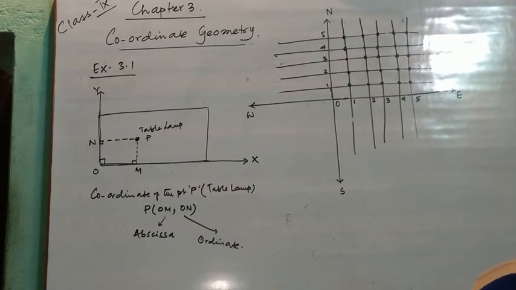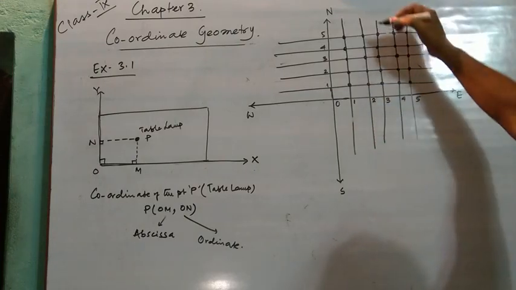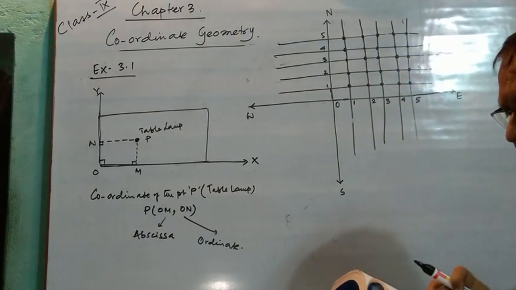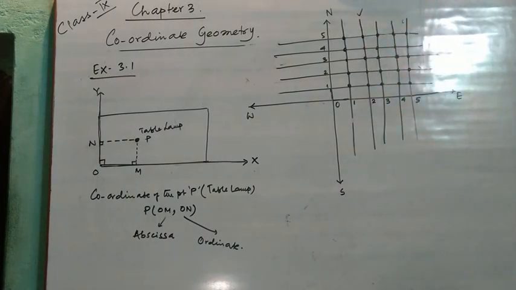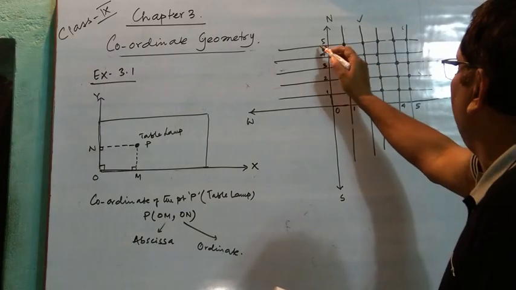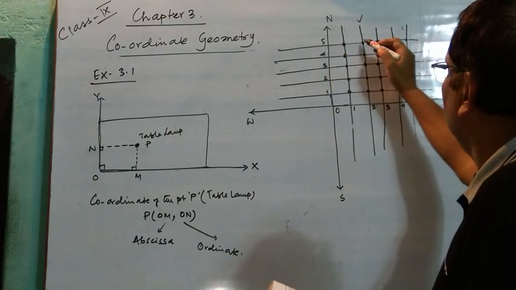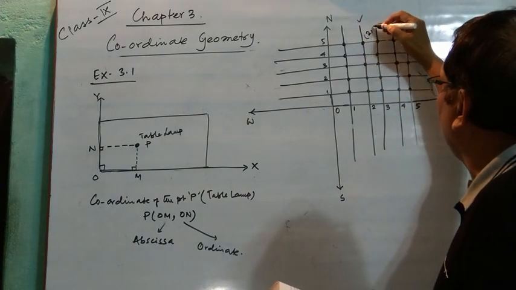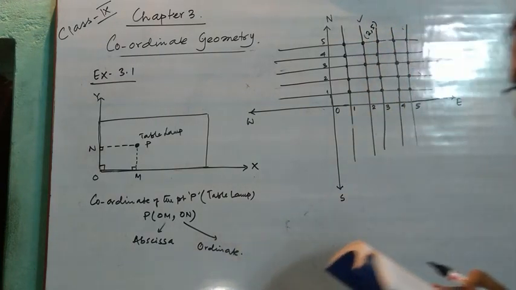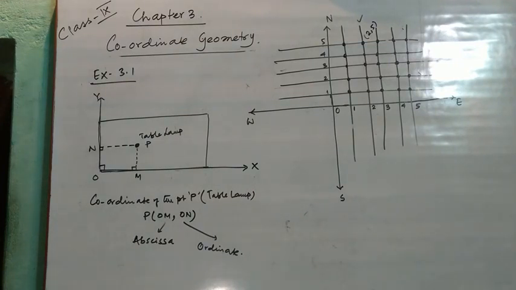If it is the second street running north-south and the 5th street running east-west, they intersect at this very point, and its coordinate will be 2, 5. So we will call this cross street 2, 5.